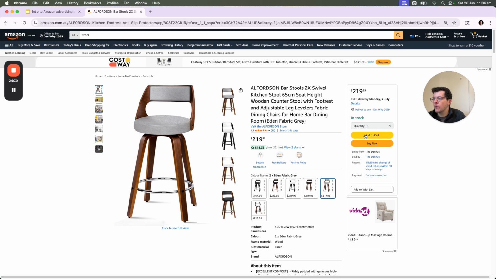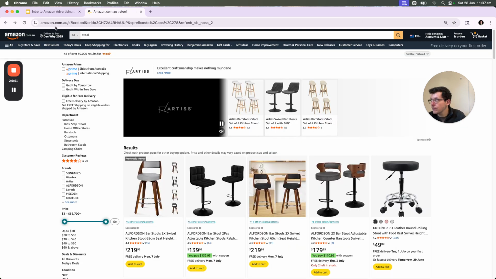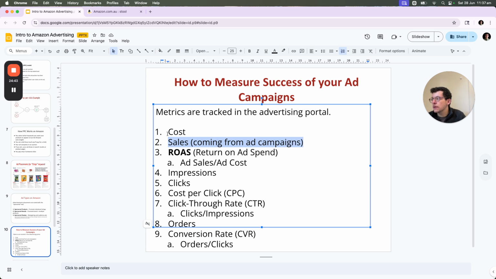And if I were to buy this product, this will come up as an advertising sale. The advertising campaign has generated a sale, and so you will see this metric, advertising sales, come up as a result of my purchase.